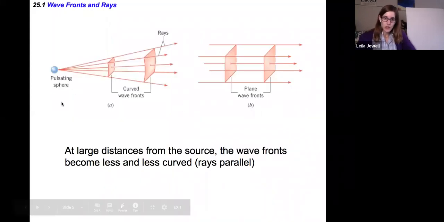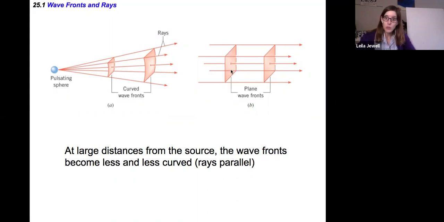Now, as you're close to the pulsating sphere, the wavefronts are pretty curved and spherical, like we saw in the last one. But as you start moving further and further away, the wavefronts start to become flatter and flatter, or they become like a plane, where a plane is just a totally flat surface. So that's something you could be imagining there.